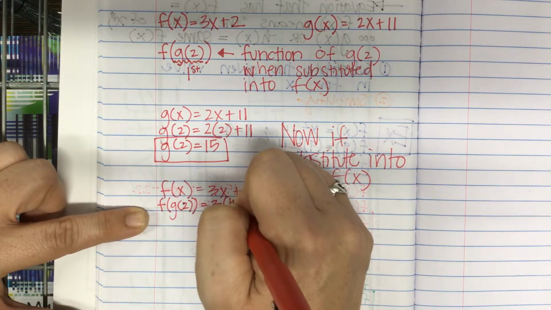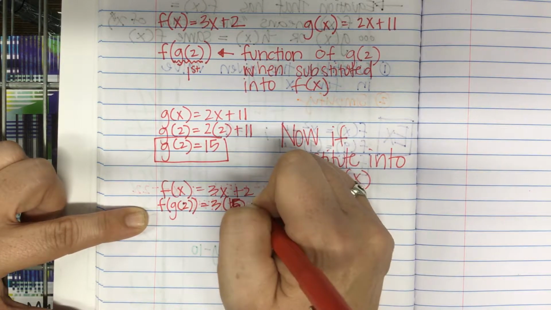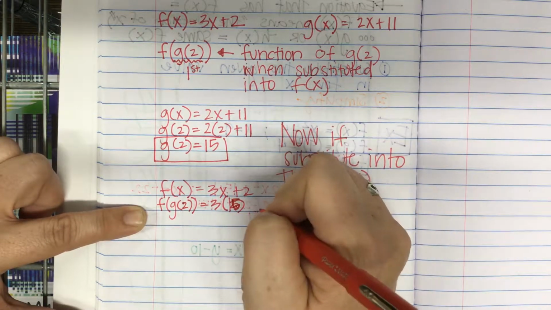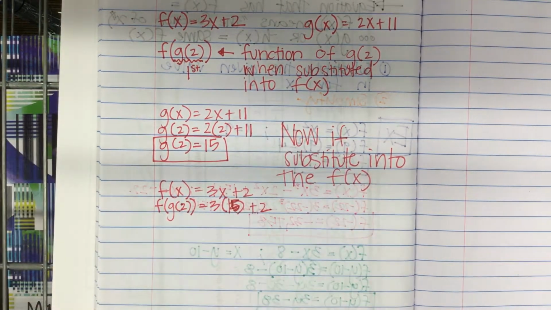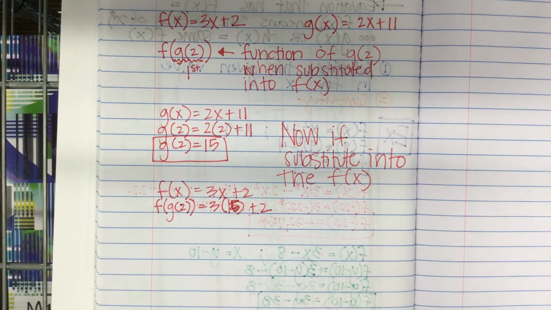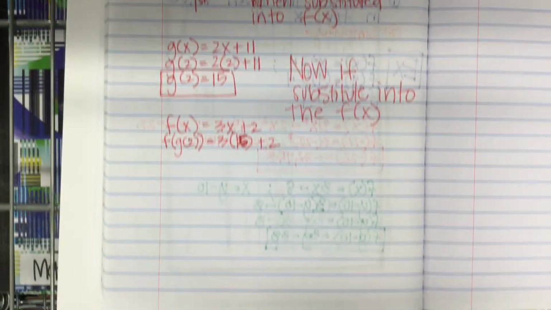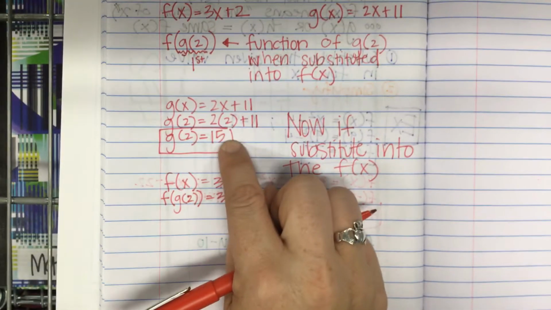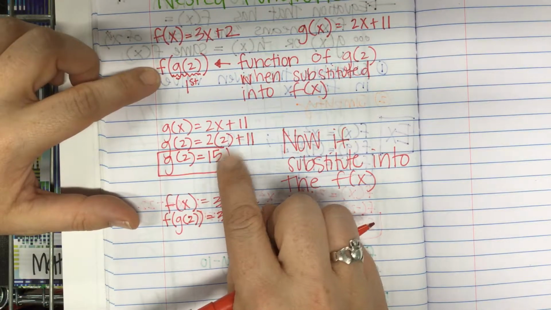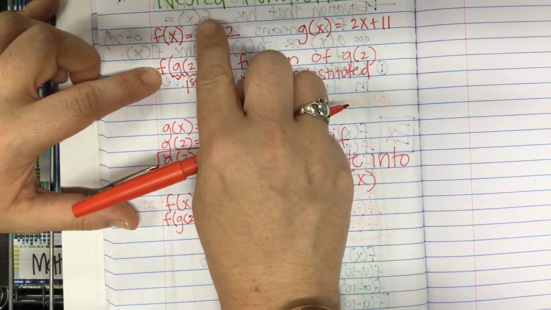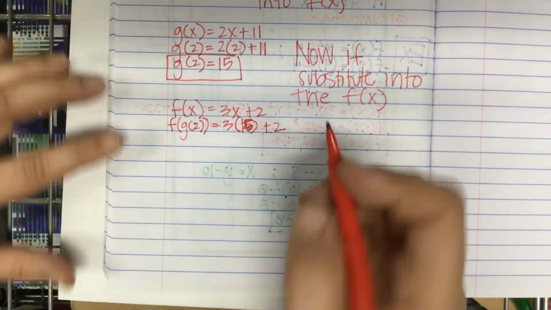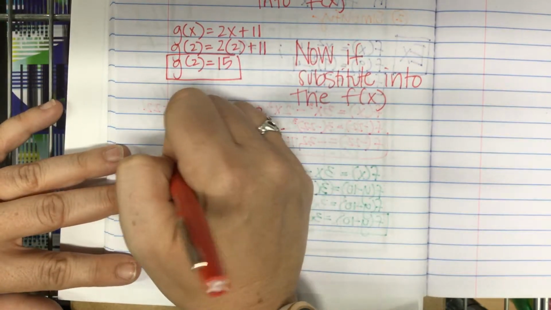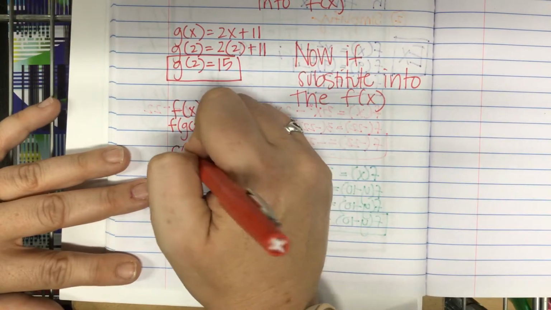Oh, nope, 15. In for my x value. I'm nesting it. I figured out the g, and then I take the g answer, and because there's an f out here, I'm going to put the g answer into this equation. What's 3 times 15? Plus 2.